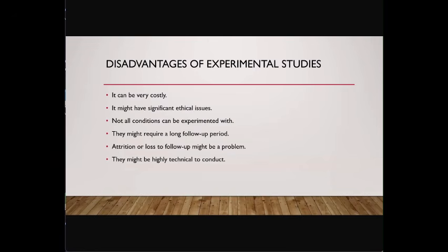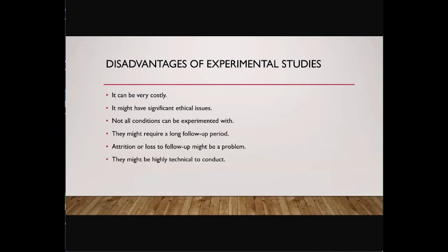So the disadvantages of experimental studies are that they are costly, they're expensive. They might have very significant ethical issues. And that is why the protocol for experimental studies, randomized control trials, are very strict. Not all conditions can be experimented with, not every condition.